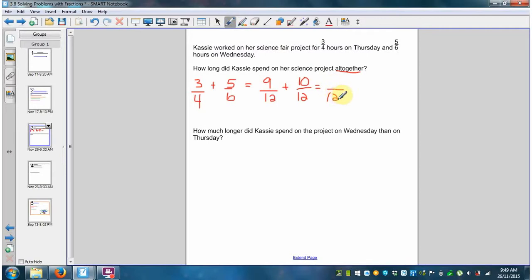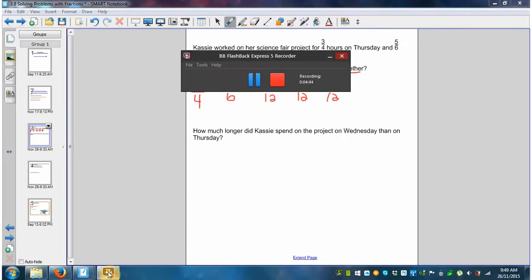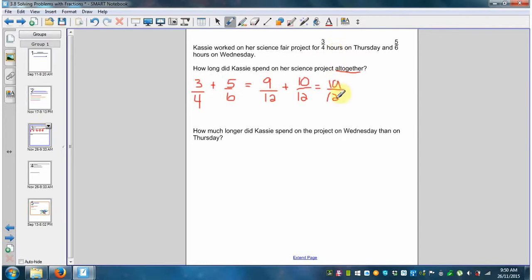And then we add our numerators. Okay, and then we're going to simplify that by putting 12 goes into 19 once, and then there is 7 left over, and we keep our denominator.